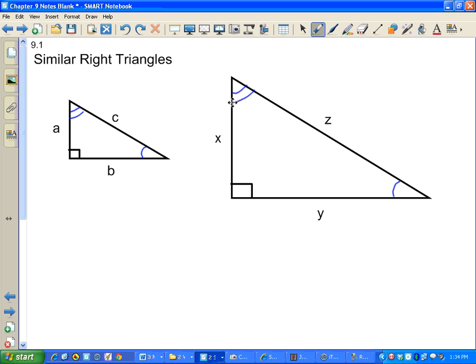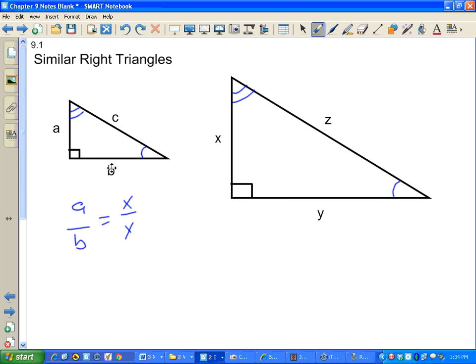So if we look at some proportions I could set up, in this triangle, I could put a over x, because they're related. I could also put a over b, because they're from the same triangle, and this would equal x over y.